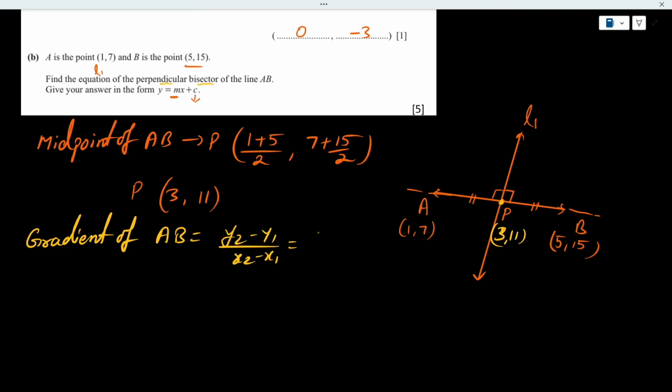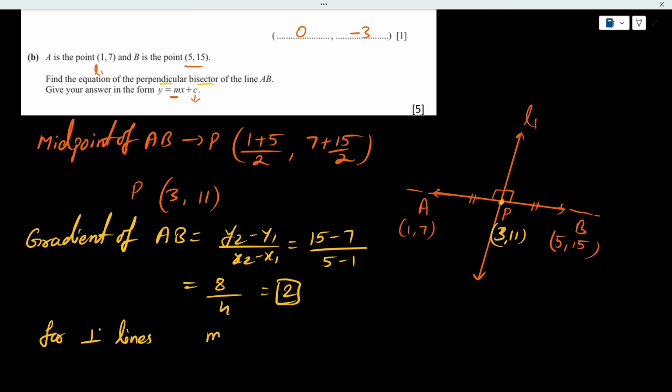If I do it here, it is 15 minus 7 by 5 minus 1. 15 minus 7 is 8 by 4, which is 2. And you know that for perpendicular lines, the product of the gradients is always minus 1, or they are negative reciprocals of each other. So what will be M2, the gradient of the second line? It is going to be minus 1 by 2.